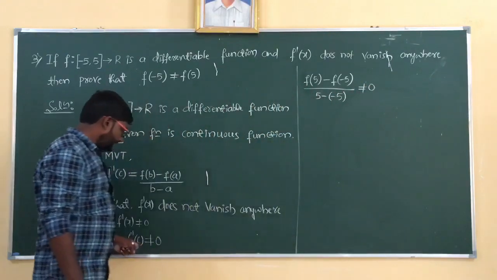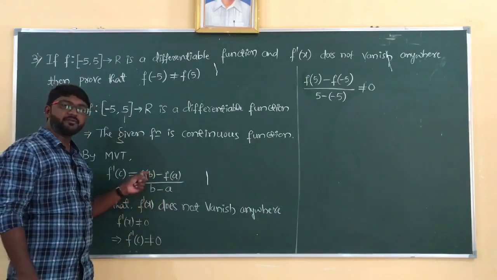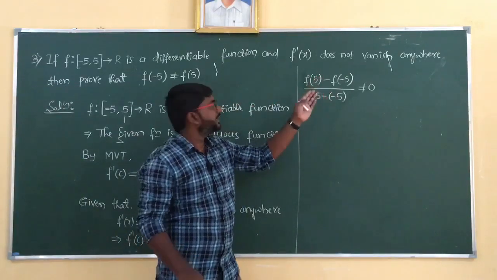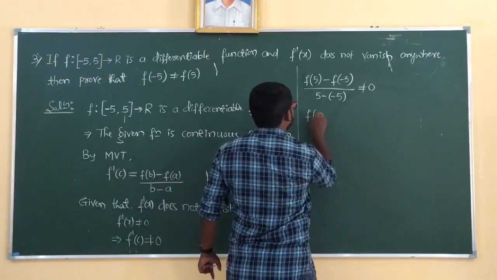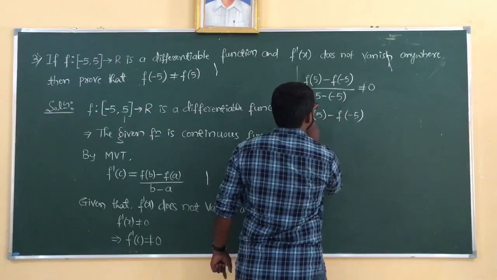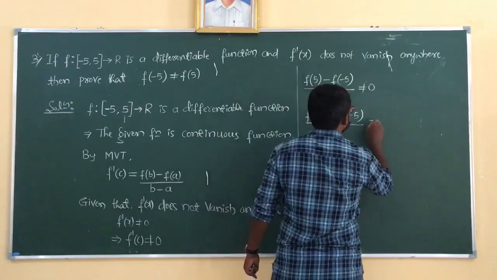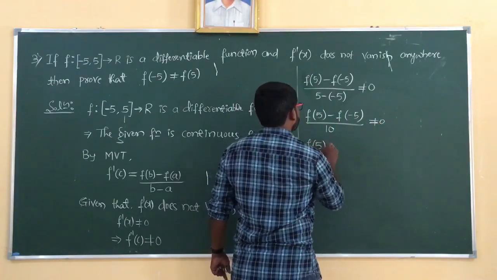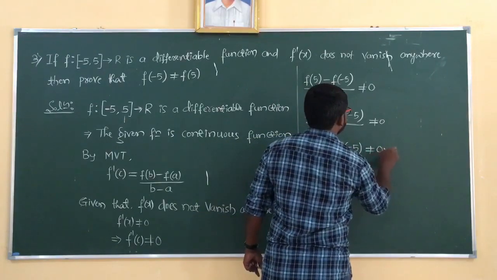In place of f dash of c, I have written the RHS of mean value theorem. So, now f of 5 minus f of minus 5 divided by 10, minus into minus it is plus, 5 plus 5 will give us 10, which is not equal to 0. So, here f of 5 minus f of minus 5 is not equal to 0 into 10.